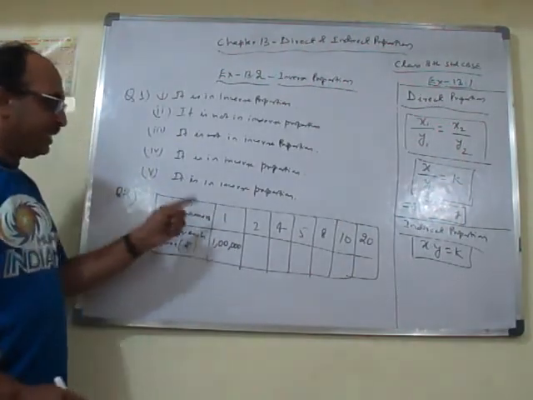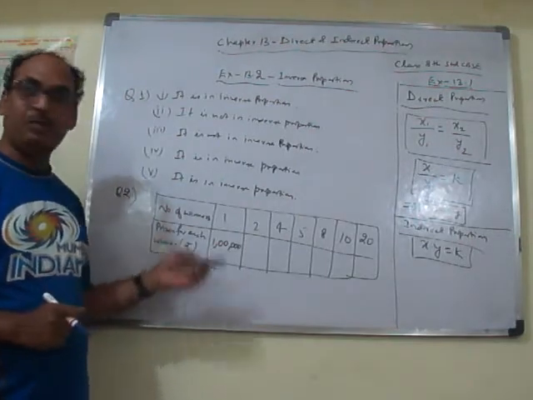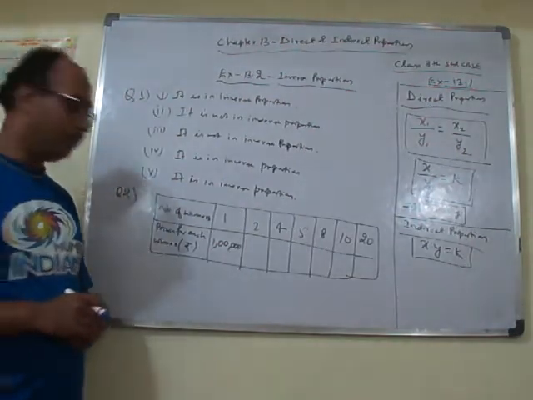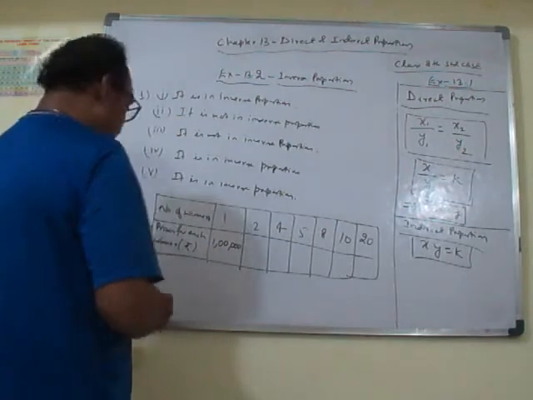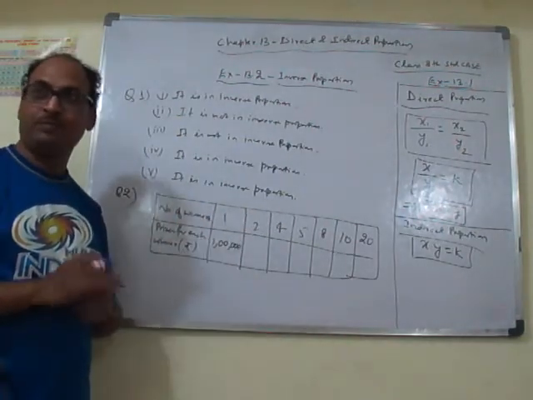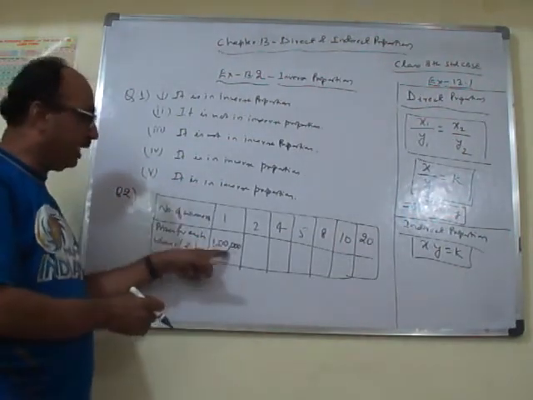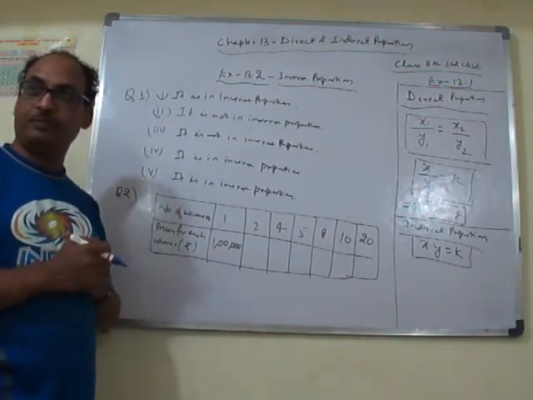What is x here? x is the number of winners. What is y here? Prize money. So when you multiply both of them, you should get 1 lakh always.